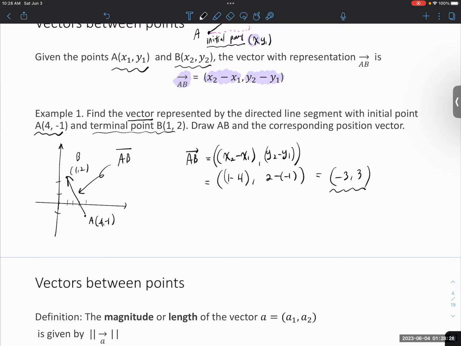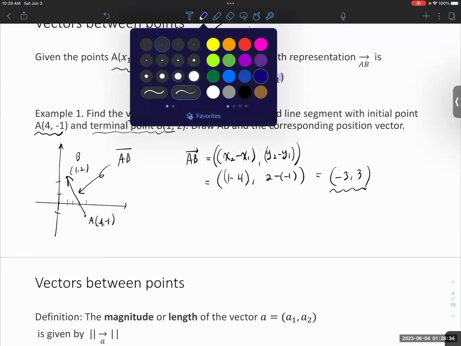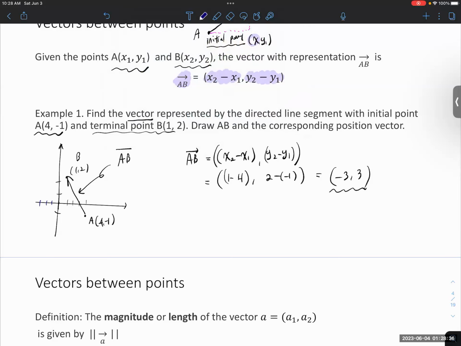So this is the AB vector. Let me write down negative 3, positive 3 right there. Because this is the AB vector, we're going to start from the origin point.